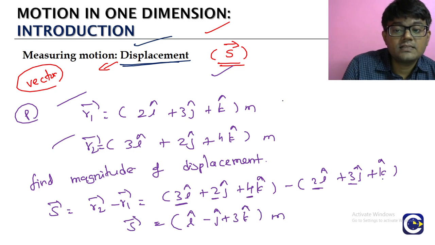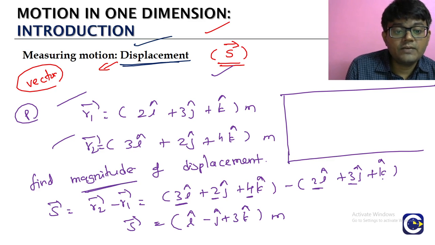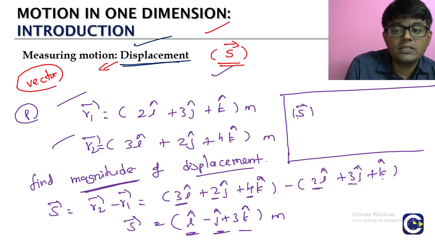But they are not asking us to find the displacement vector. They are asking us to find the magnitude of the displacement. Means for this vector we have to find the magnitude. So what is the magnitude of the displacement?